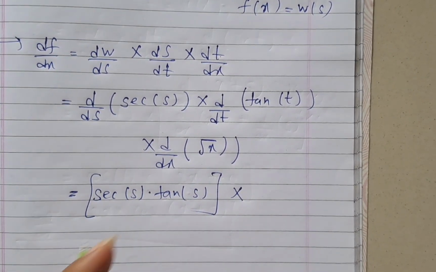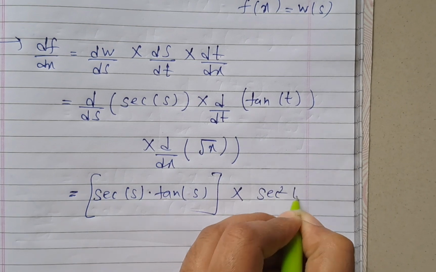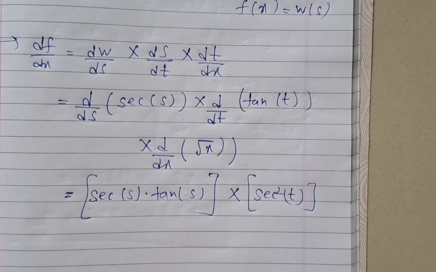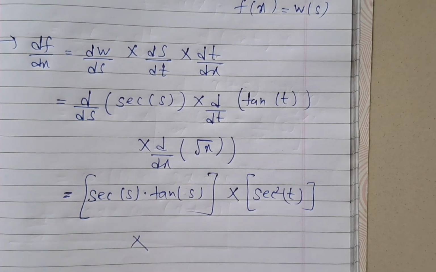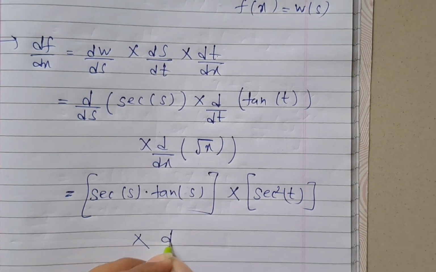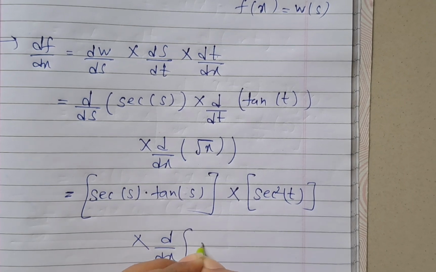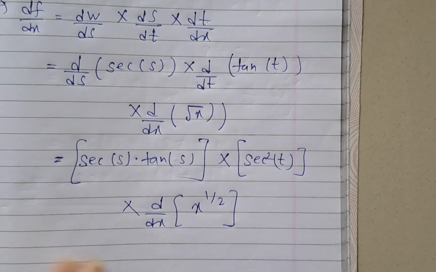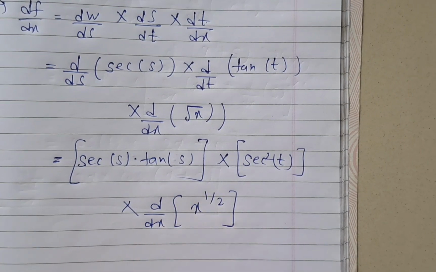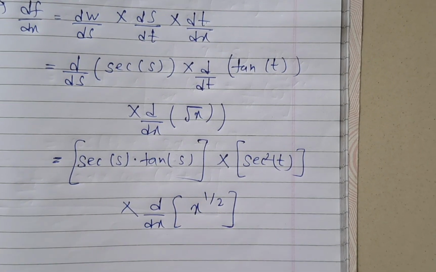Okay, so now for now we can directly write it as sec of s into tan of s, which is sec x tan x. Okay, so this is our first derivative into d by dt of tan t. So tan का हमें directly पता है, which is sec square of t. So this is our another derivative, and then we have root of x. So now here I'll just explain it, this one, which is x raised to half here. Okay, so x raised to half. So n here is what? Half. So x raised to n का derivative हमें पता है, which is n into x raised to n minus 1.